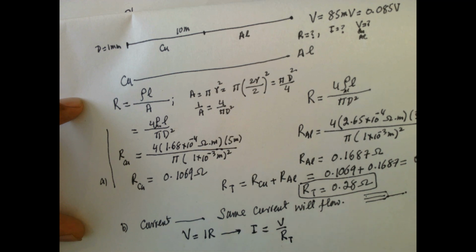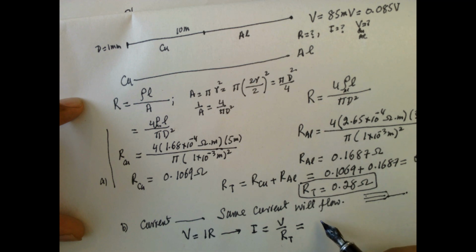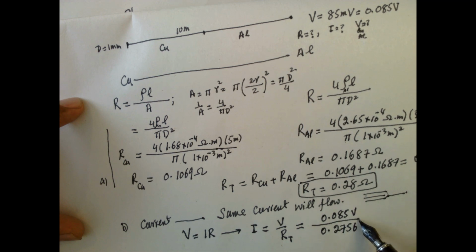V is given, which is 85 millivolt, equal to 0.085 volt, over 0.2756 ohm.